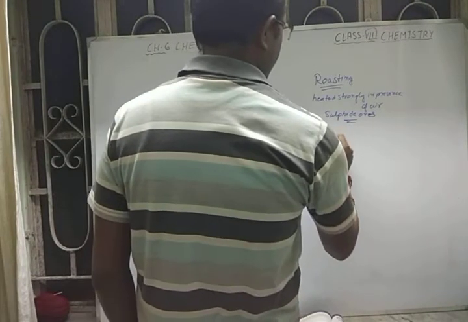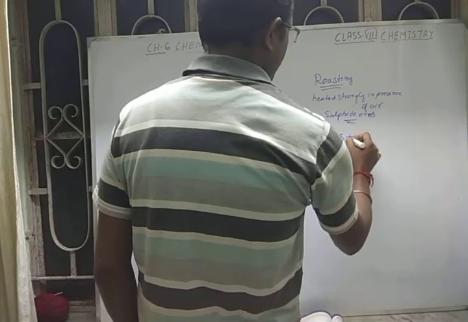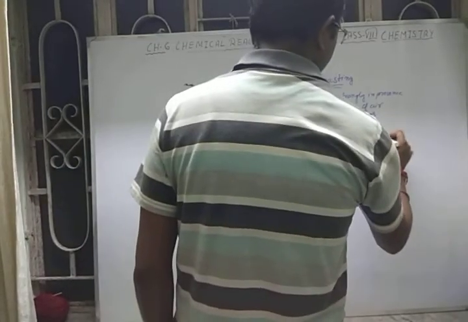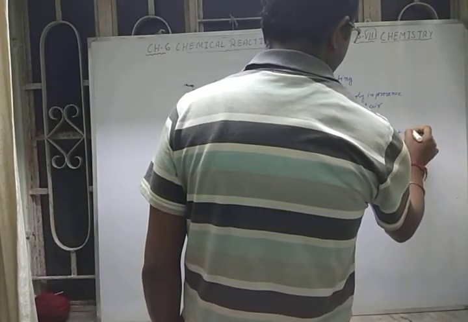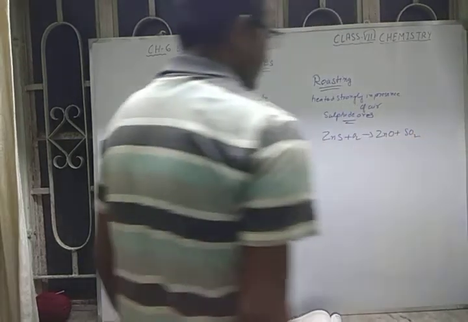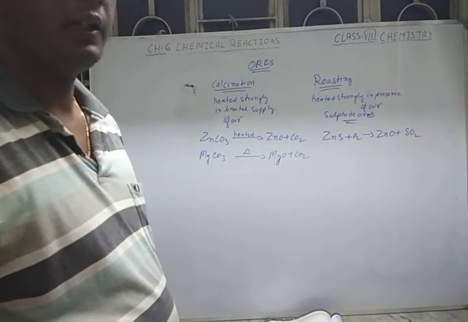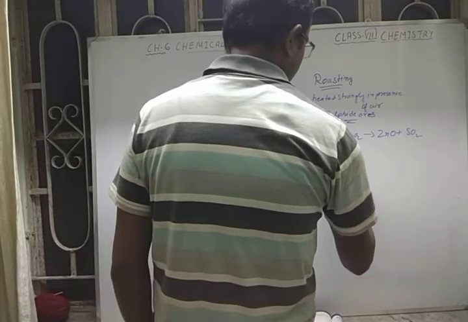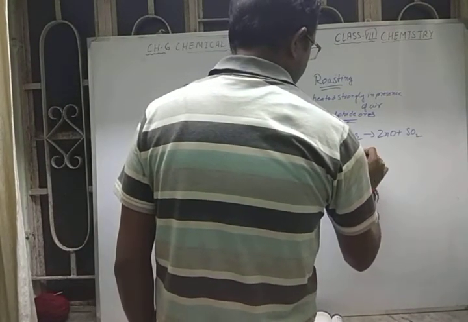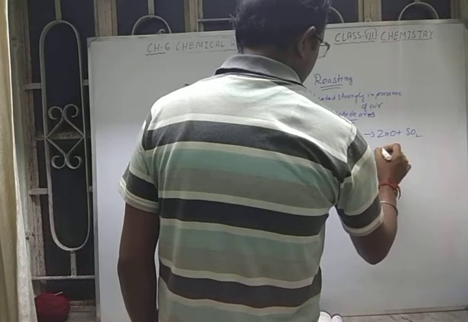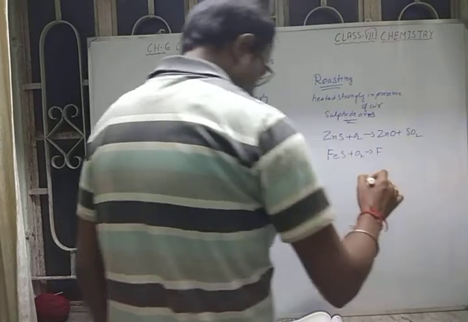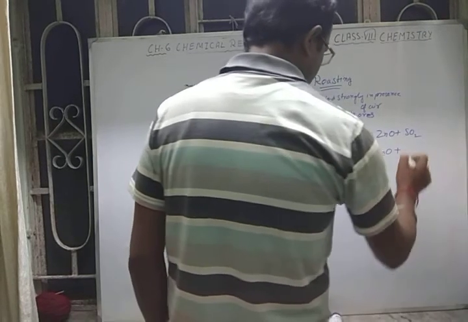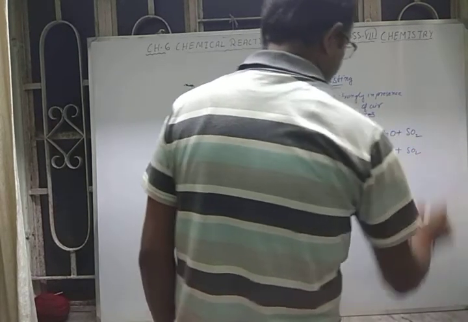ZnS, zinc sulfide, plus oxygen gives ZnO, zinc oxide, plus sulfur dioxide gas, which is liberated. Another example: FeS, iron sulfide, with oxygen gives FeO, ferrous oxide, plus again sulfur dioxide.